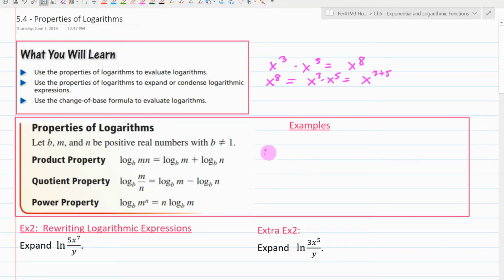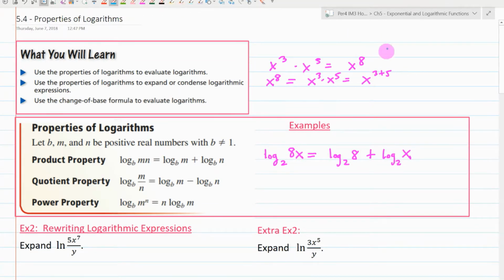So if I had log base 2 of 8x, that would equal log base 2 of 8 plus log base 2 of x. So if two things are multiplied together, you can separate them out and add them together as two separate logarithms.